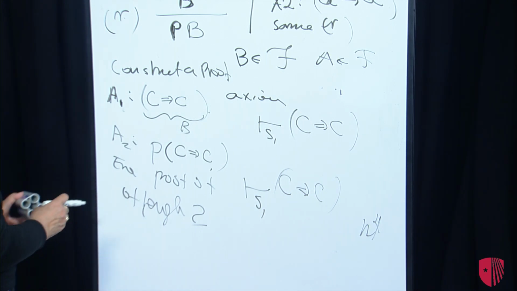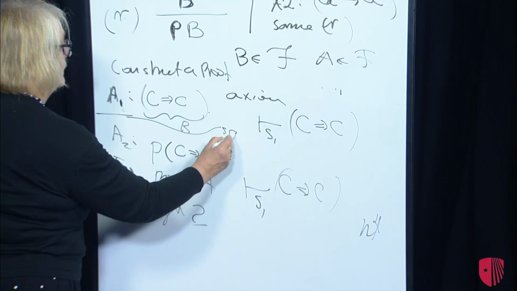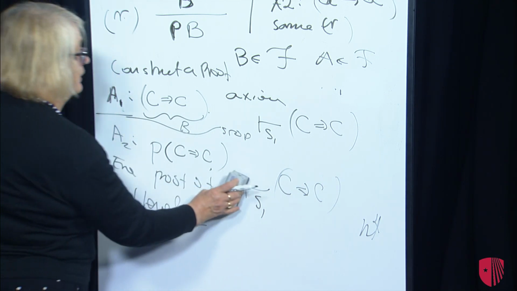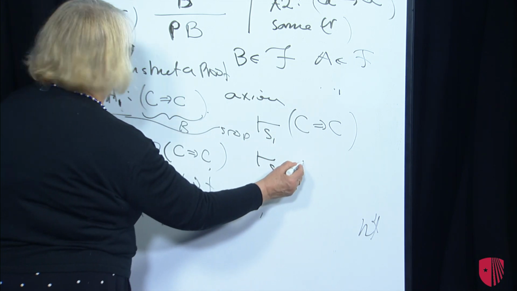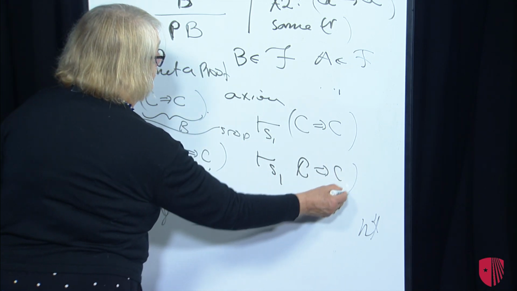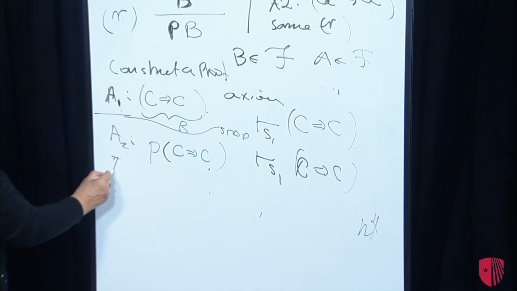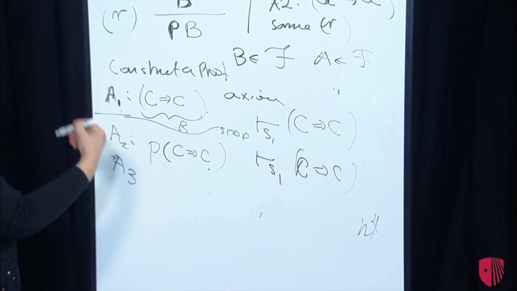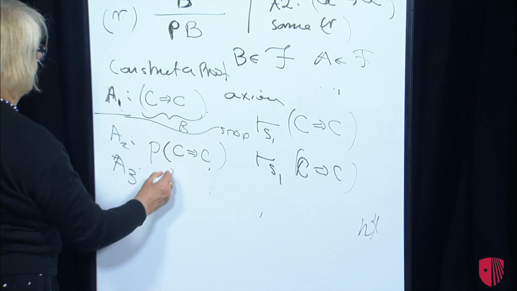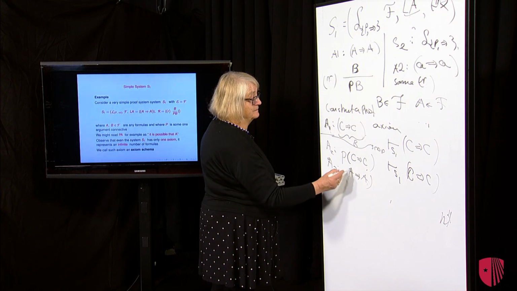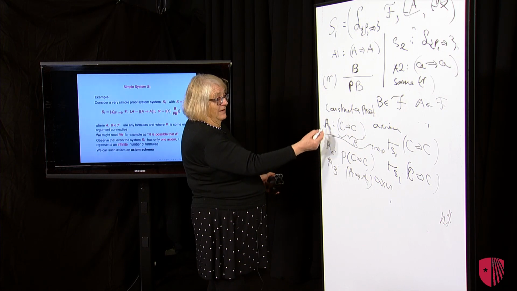Of course, in S1 I can also stop the proof here. But I can also continue my proof. For example, in step 3, I can again put an axiom, so I put A implies A, and this is an axiom. So I proved steps 1, 2, 3.